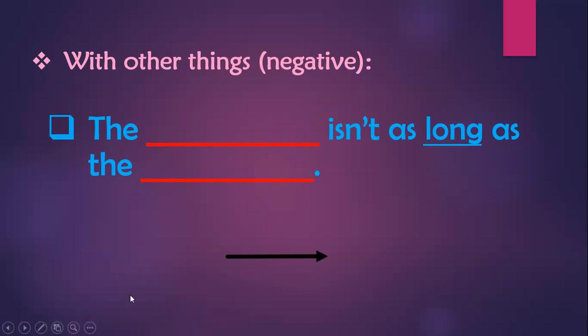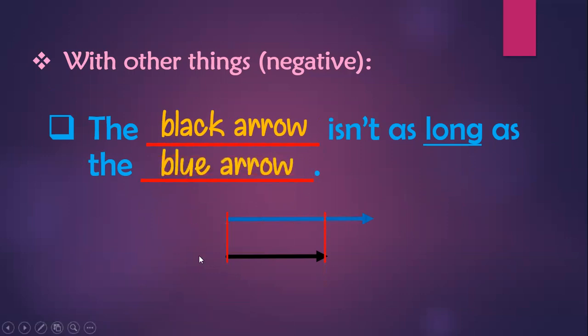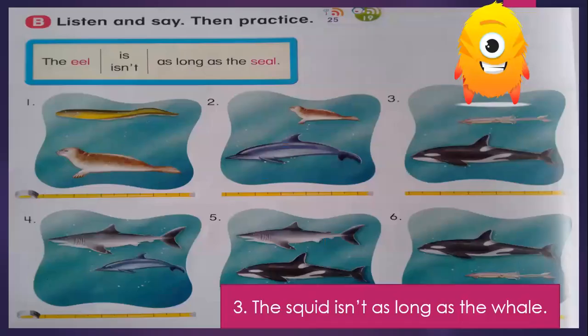In this case, the black arrow isn't as long as the blue arrow. Isn't, because the black arrow is shorter. The blue arrow is longer. So one more time, the black arrow isn't as long as the blue arrow. And don't forget, isn't means that the sentence is negative.